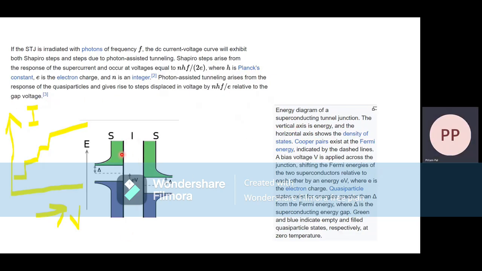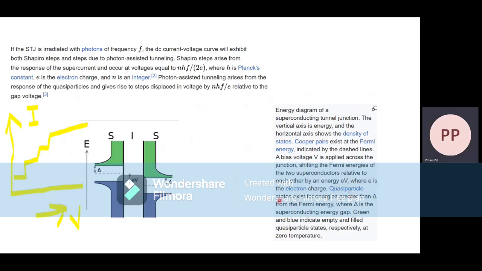So this is the typical energy diagram of this SIS, superconductor-insulator-superconductor tunnel junction. The vertical axis is energy, and the horizontal axis shows the density of states. Cooper pairs exist at the Fermi energy indicated by the dashed line. A bias voltage is applied across the junction, shifting the Fermi energies of the two superconductors relative to each other by an energy eV, where e is the electronic charge.